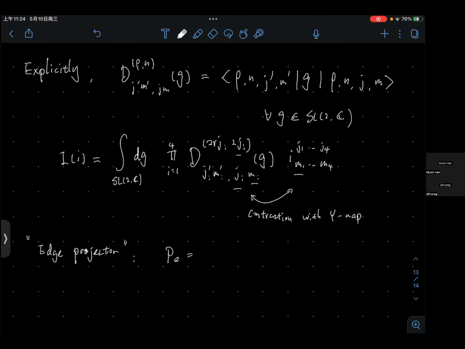PE is just given by a sum of EPRL intertwiners, and this sum is over all the SU2 intertwiners, because every EPRL intertwiner is determined by an SU2 intertwiner.